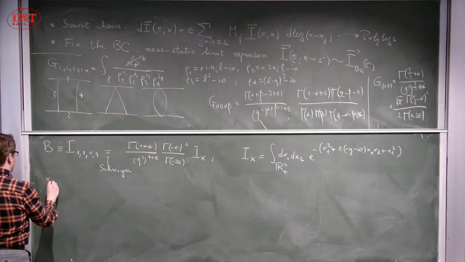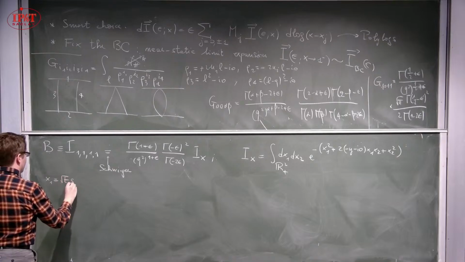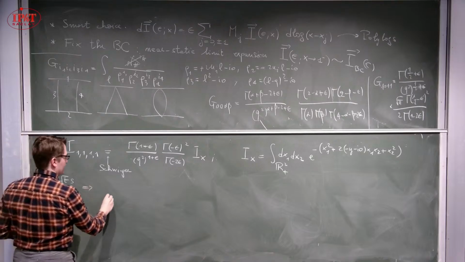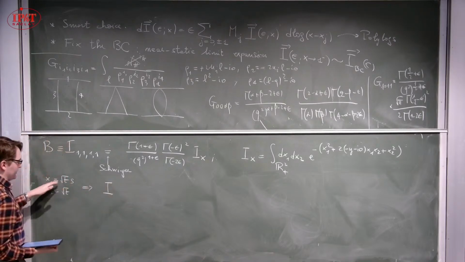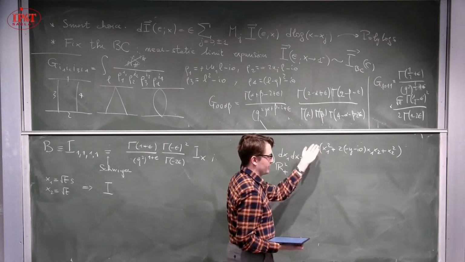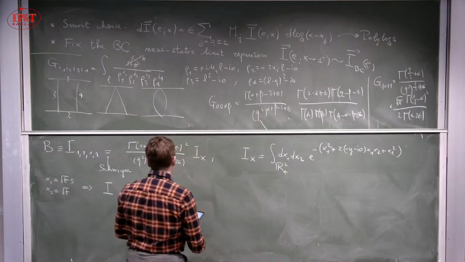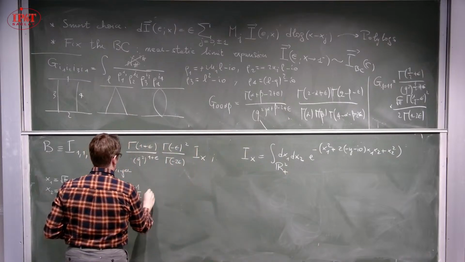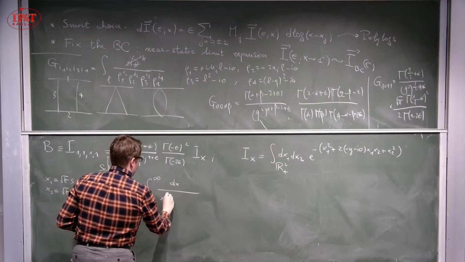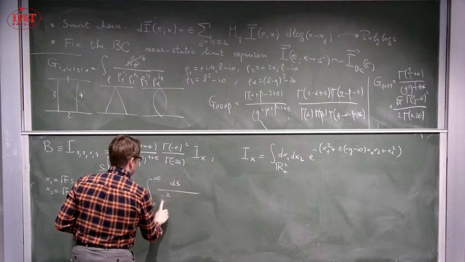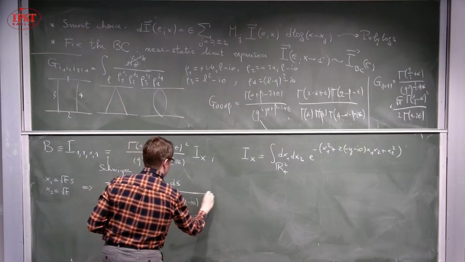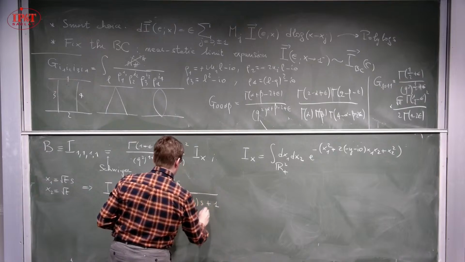For instance, you can redefine variables in this way, and you will find that this gives a factor of 1/2 if you calculate the Jacobian, and then the integral over t is simply an integral of e to the minus t times something, so the result is 1/2 integral from 0 to infinity of ds over s squared plus 2 minus y minus i epsilon s plus 1.